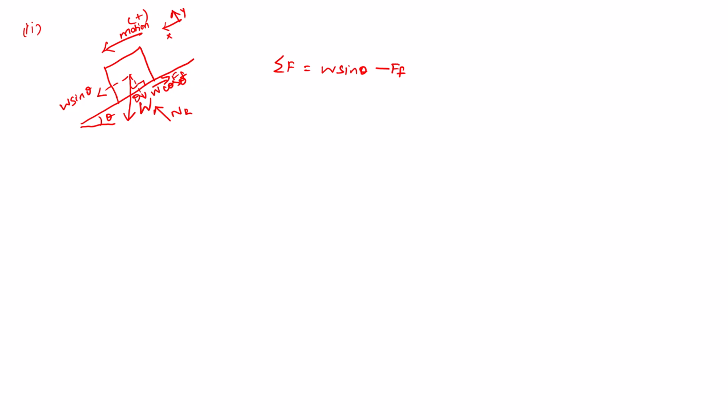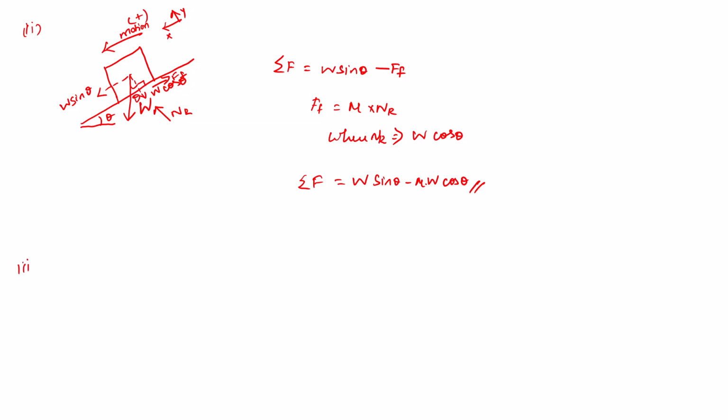The FF will be, as usual, the product of mu into NR, where NR is equivalent to W cos theta, the opposite effect of the normal reaction that has been created. So W cos theta is equal to NR. When you put this in, you get summation of F equal to W sine theta minus mu into W cos theta. So this is the summation of F for the second scenario.